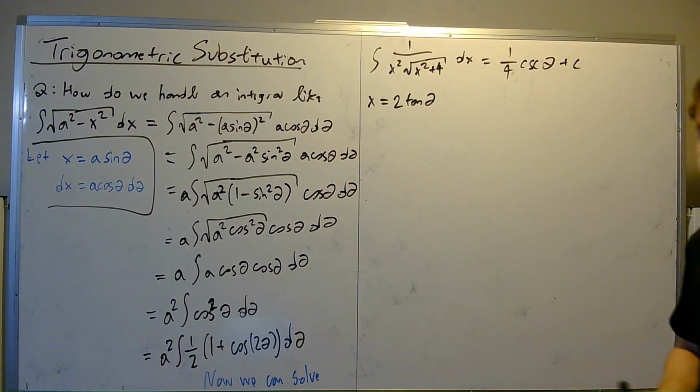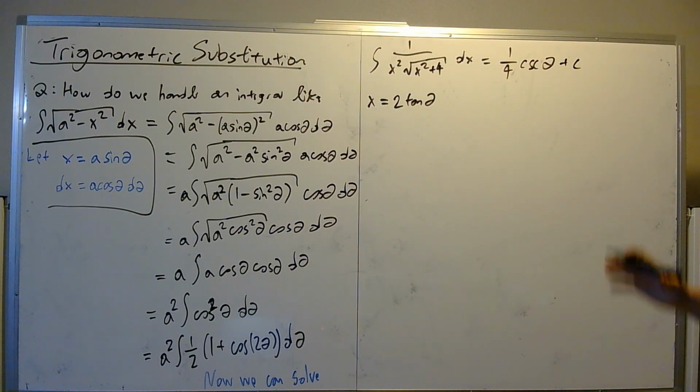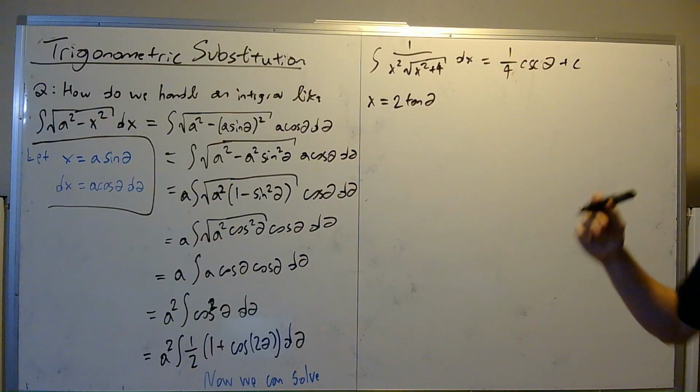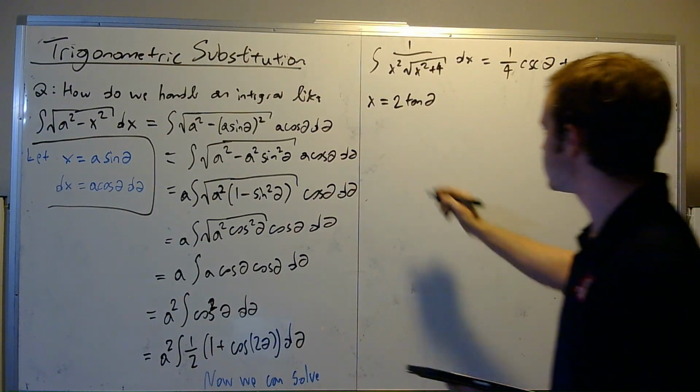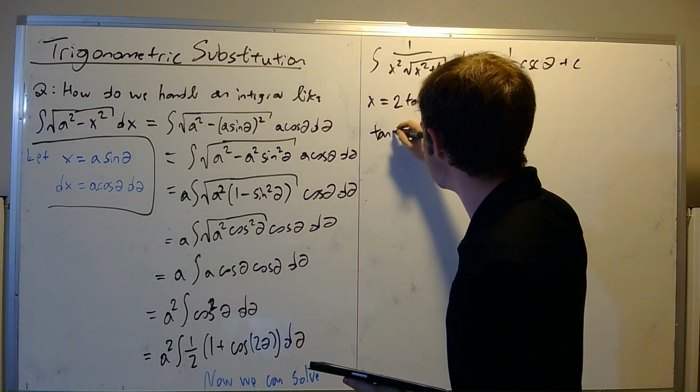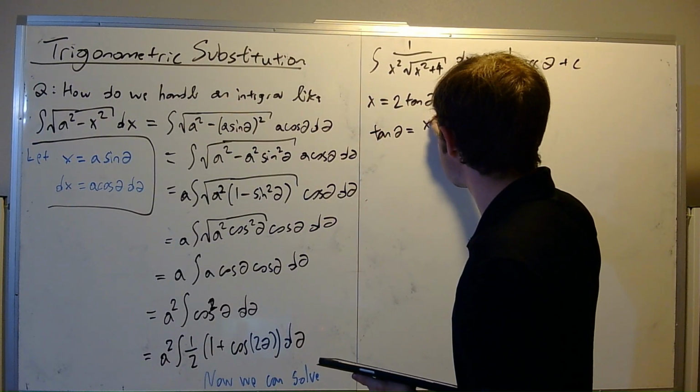Right. So now we need to replace this cosecant theta somehow. And the way we're going to do that is via triangles, right? So this here means that tangent theta equals x over 2.